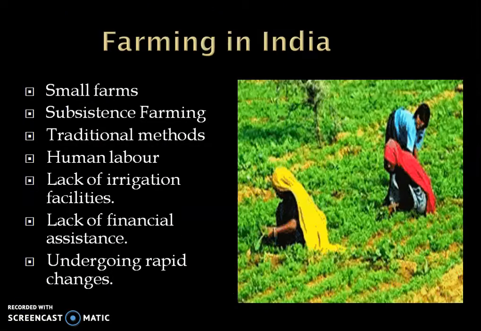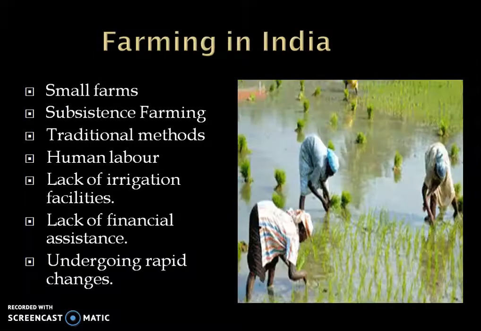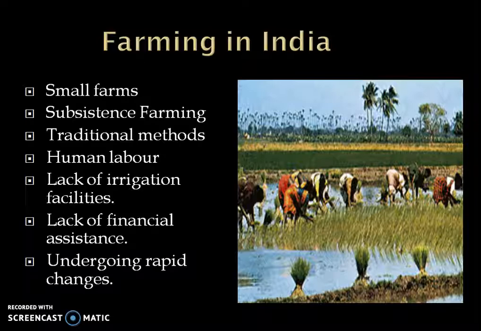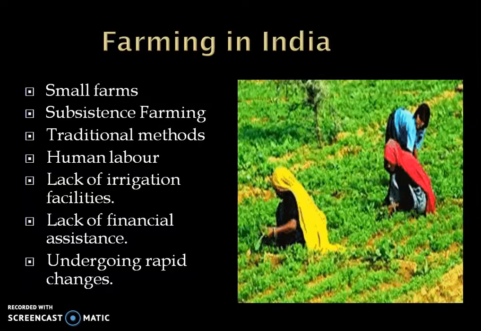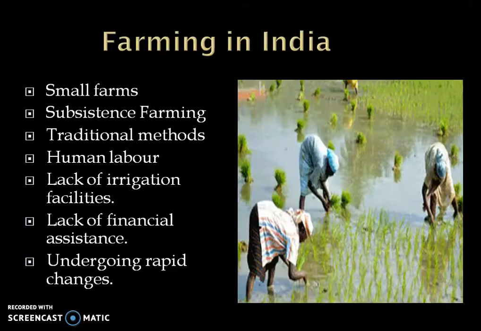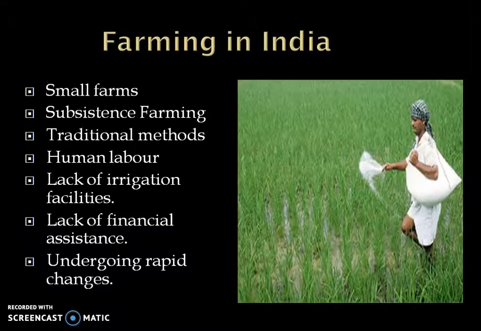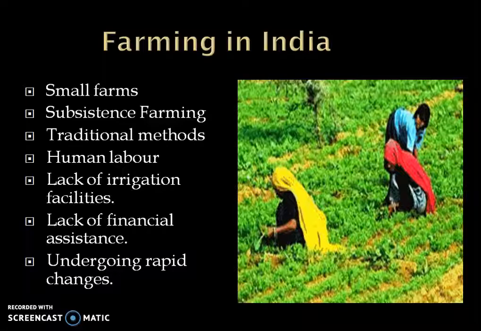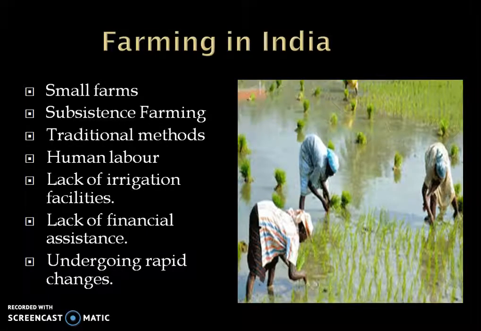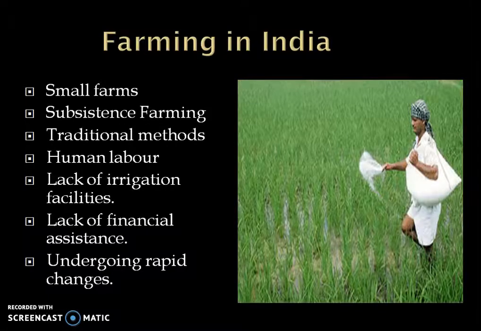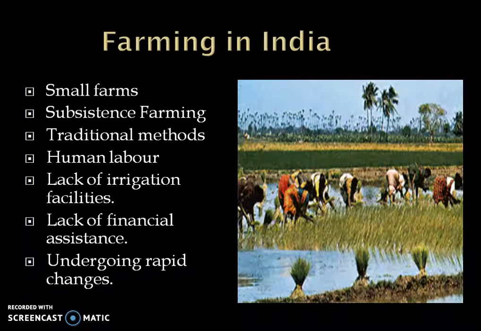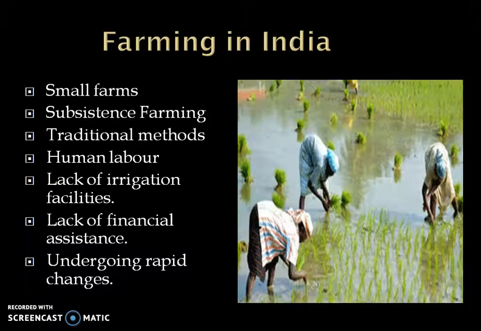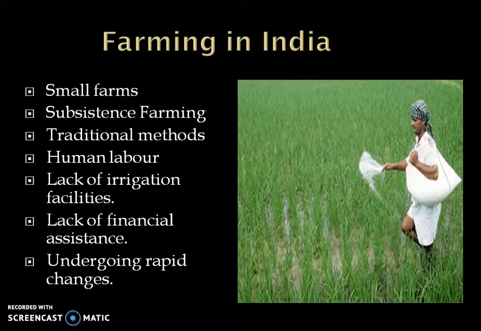Now, let's understand agricultural development through case studies. First, farming in India. What are the different features of farming in India? First, small farms. An ordinary farm in India is quite small. The average size of land holding is just about 2.4 hectares.